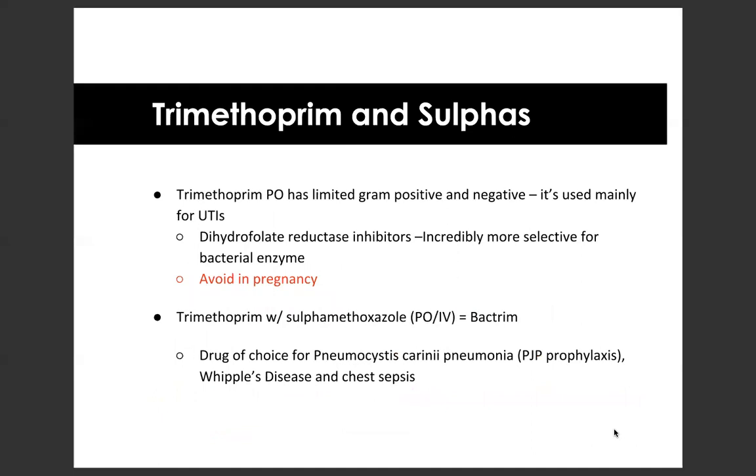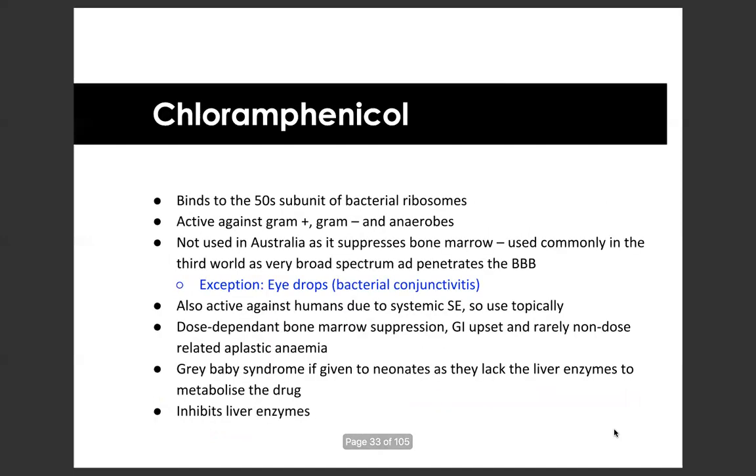Trimethoprim, as we know, is good for the treatment of UTI, and a combination one is Bactrim, which includes trimethoprim and sulfamethoxazole, and that's classically used for PJP prophylaxis, in someone who's very immunosuppressed, like in HIV. Another one you might have heard of is chloramphenicol.